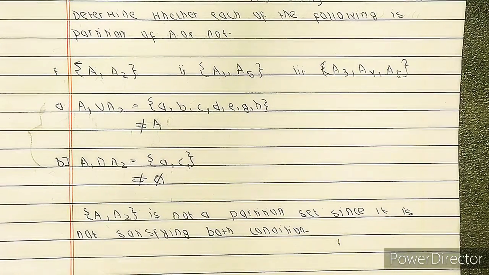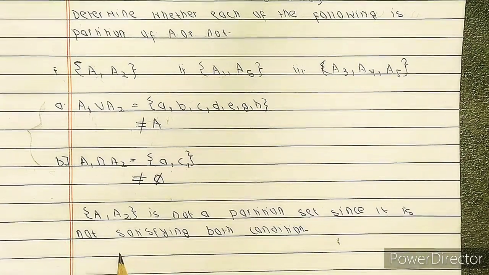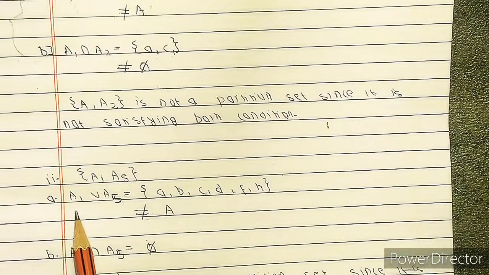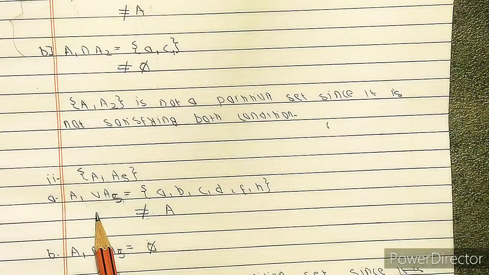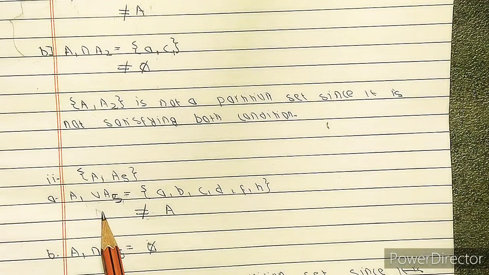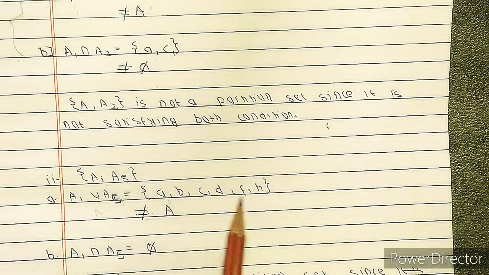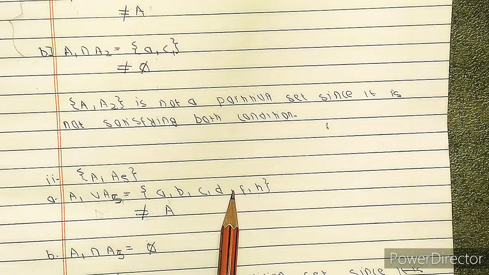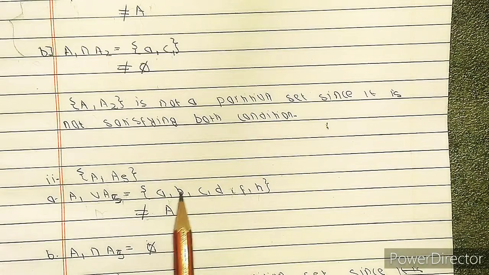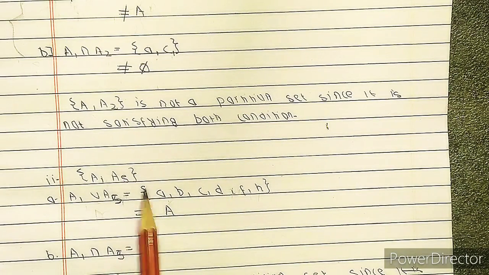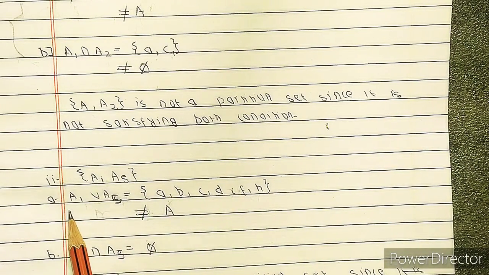So let's go to another question, that is A1 and A5. If you do the union of A1 and A5, A1 is equal to {A, B, C, D}, A5 equal to {F, H}. You will get A, B, C, D, F, H. Here E is not present, so that is not equal to A. The first condition is completely wrong.